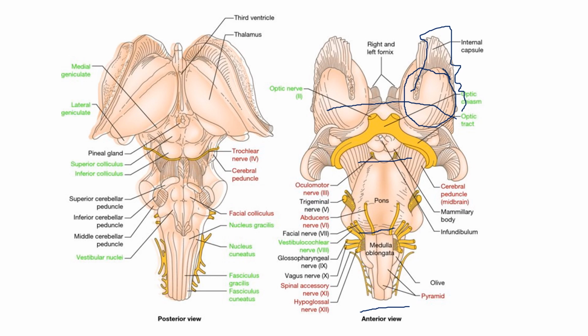And so what we can see here is ocular motor nerve coming out. Look over to the left-hand side here. We can see internal capsule, thalamus, pineal gland is this right here. This is the superior colliculi, inferior colliculi, and then there's our trochlear nerve coming from the back area here, wrapping around to the front.